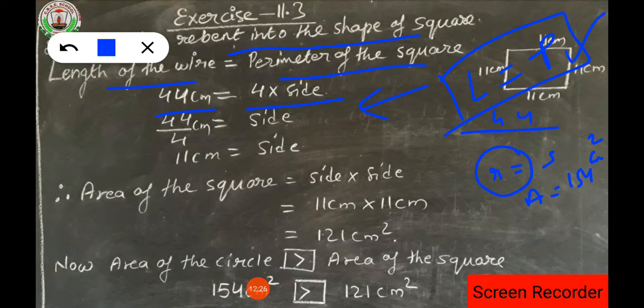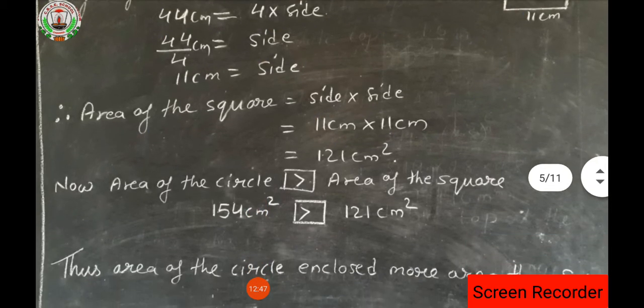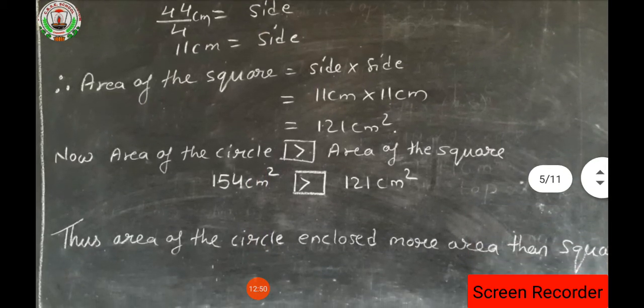Using these conditions of the question, we solve to get the side of the square, isn't it? So what is the side of the square? The value is 11 centimeter. Now the area of the square formula is side into side. So what is the side value we have? 11. So 11 centimeter into 11 centimeter is how much? That is 121 centimeter square.